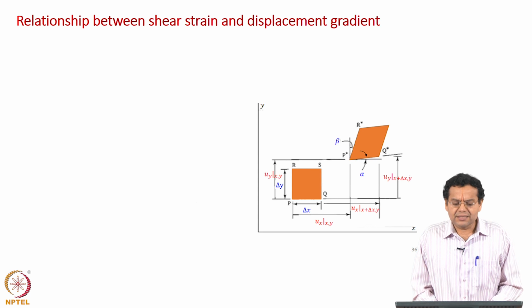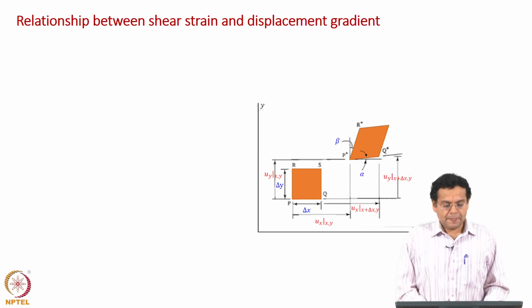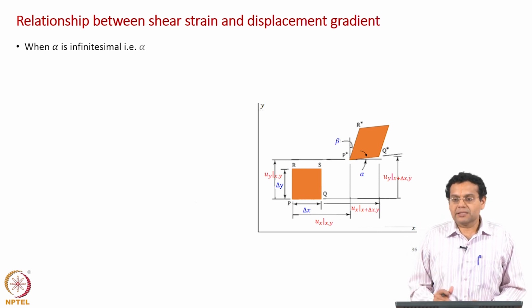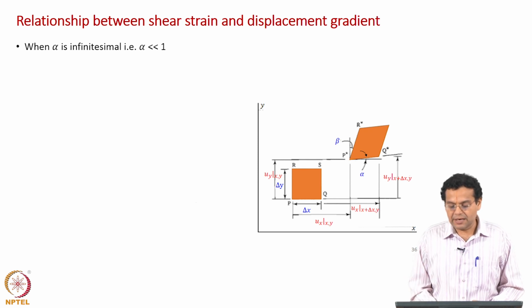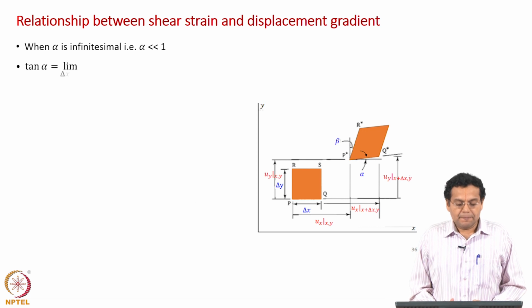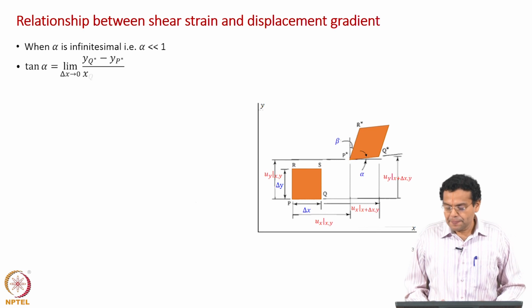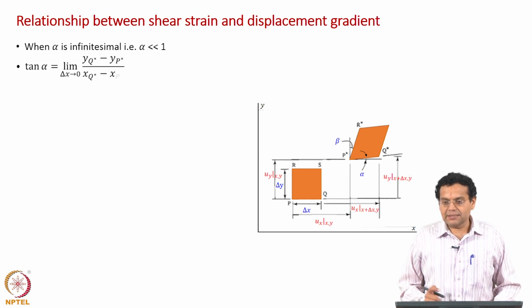Okay. Now, let us derive the relationship between the shear strain and displacement gradient. Once again, the same assumption we make, alpha is infinitesimal, very small, alpha less than 1, so tan alpha. How do you write tan alpha? Opposite side by adjacent side. Okay.